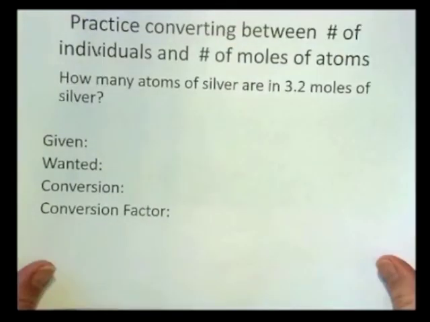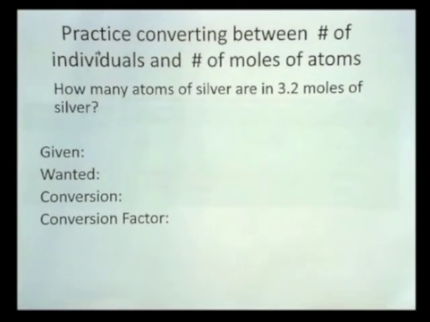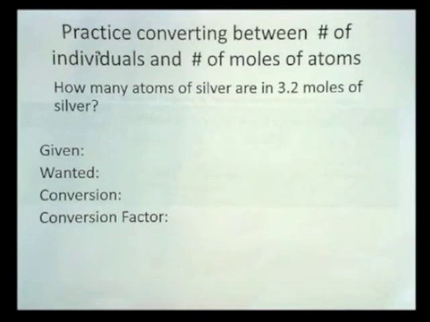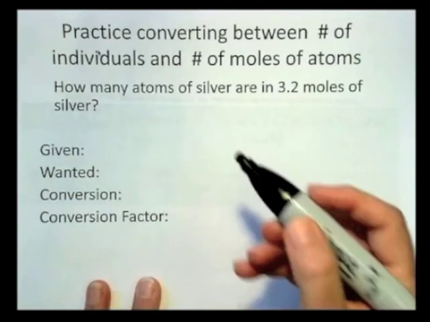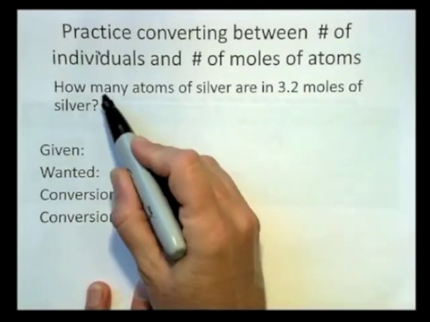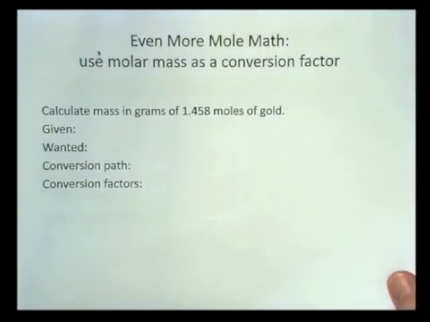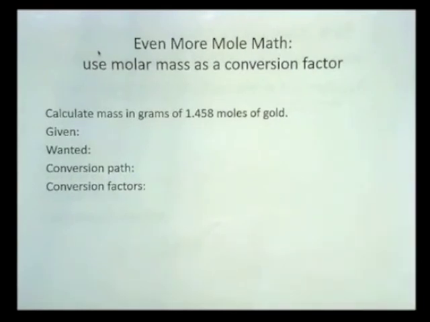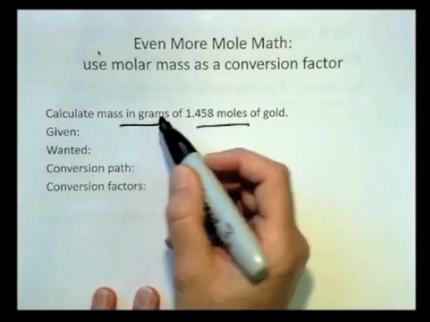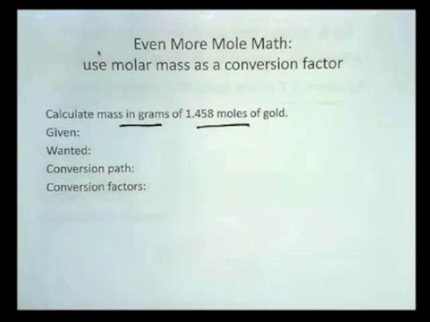I want you to practice here a little bit converting between numbers of individuals and numbers of moles of atoms. And so what I have on the next several slides are practice problems. First, you're going to practice converting between the number of individuals to the number of moles. How many silver atoms are in 3.2 moles of silver? Then I want you to practice converting between numbers of moles and the mass of a particular substance.